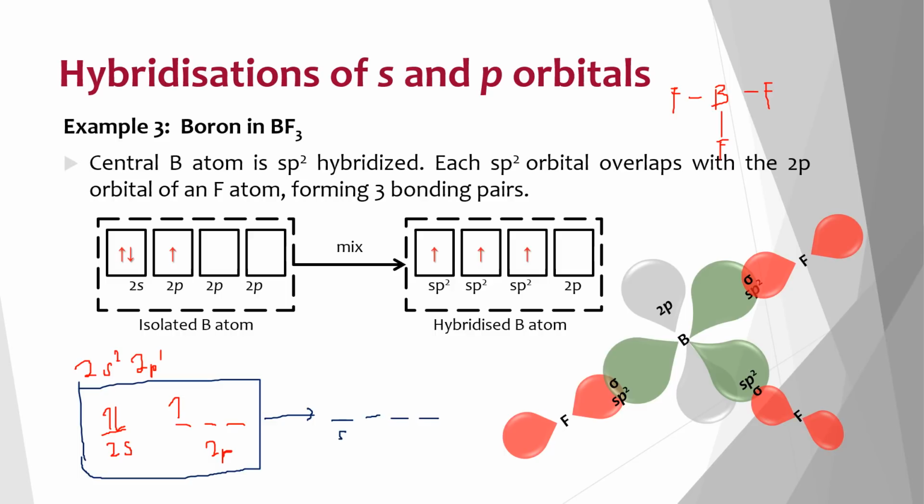So this is s and this is p. When the energy level is the same, you can move the electron from the s orbital to the p orbital, and then it will become like this. So this is one single electron, another single electron, and this is another single electron that you moved from the previous s orbital.